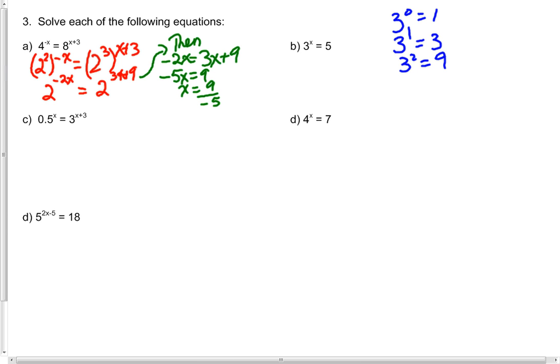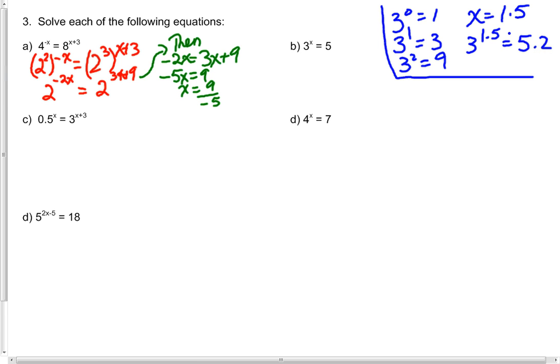So let's try x equals 1.5. 3 to the 1.5 I have to do in my calculator, and I'm going to do it to 2 decimal places. 3 to the 1.5 is approximately 5.2. So just a little bit big.